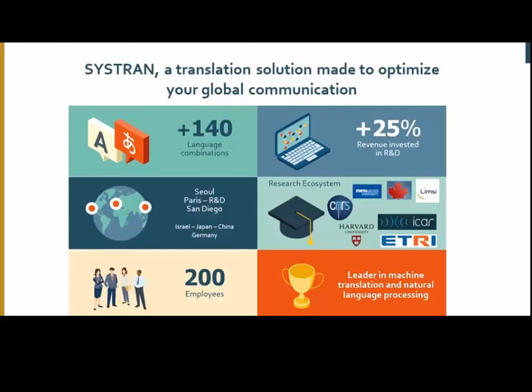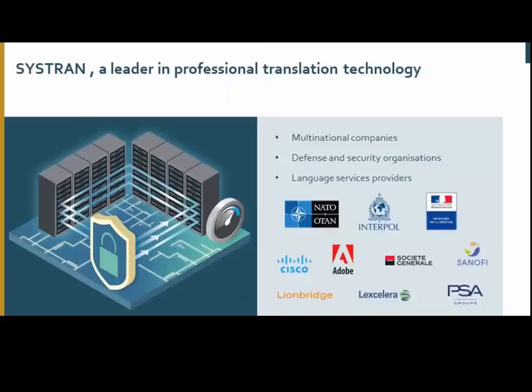Today we cover over 140 pairs of languages, and SYSTRAN solutions are used mainly by global companies, but also by defense and security organizations, where understanding information in other languages is really crucial, and also by translation agencies, because they need productivity gains. With machine translation, they have a tool that helps them do better human translation.